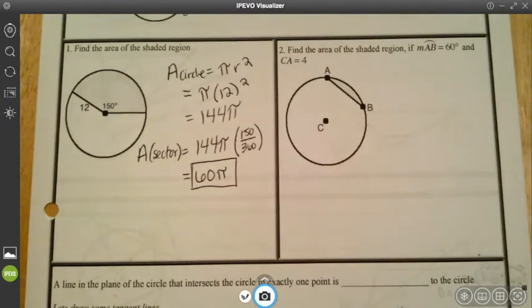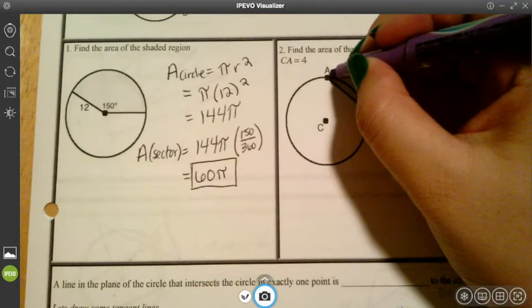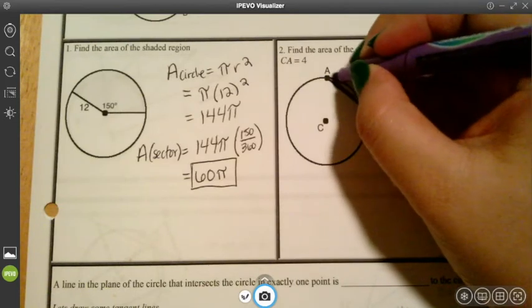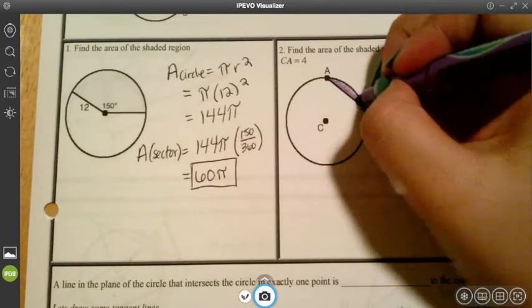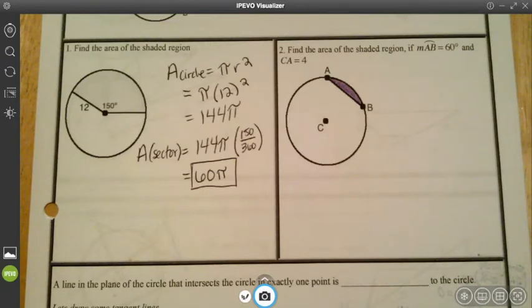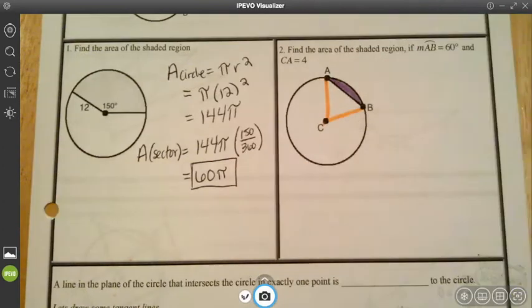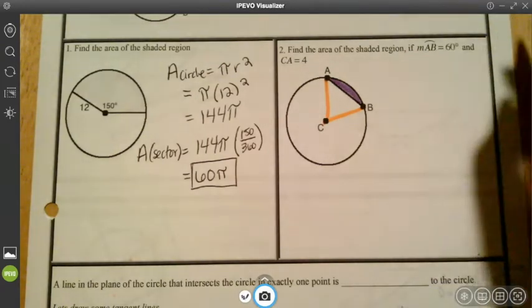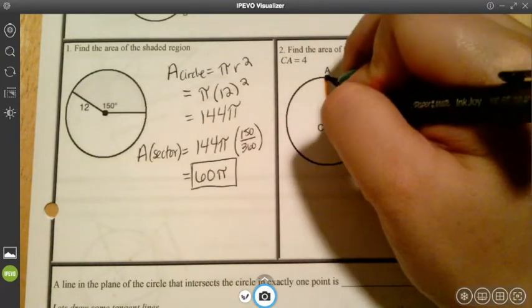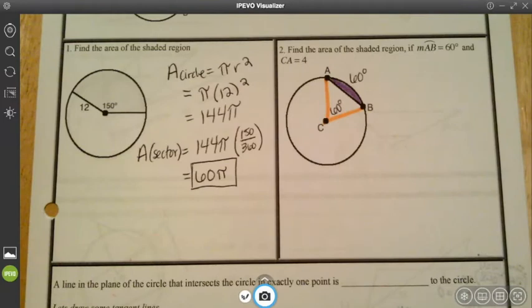On part 2, it's a little bit trickier because the first thing we have to do in order to find this little tiny region in here is find the much larger region of the sector. So we want to find the shaded region. We know that the measure of arc AB is 60 degrees, which means the central angle here is also 60 degrees.